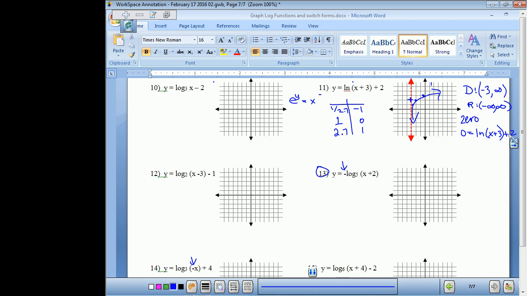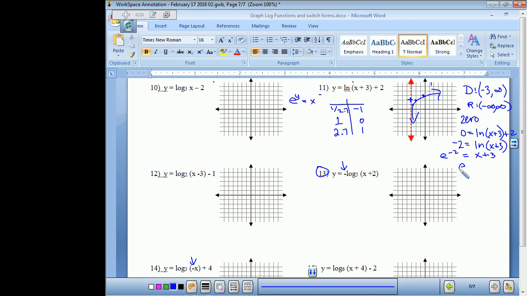All right. So we're going to move that 2 over so we can get it in logarithmic form. And once we have it in logarithmic form, we can switch forms. What's my base? E. What's my exponent? Negative 2 equals, what's my answer? X plus 3.